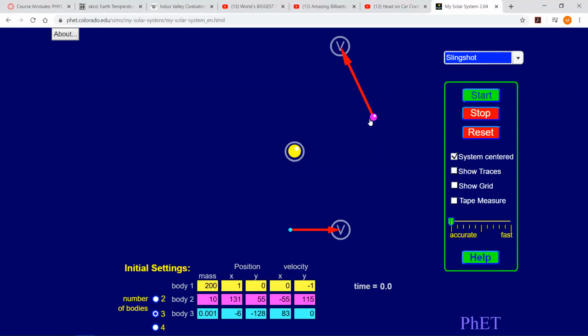So just wait a few seconds and train your eye on the interaction between these two. Again, watch the turquoise ball. In a moment, it's going to interact with what I'm calling Jupiter right here.